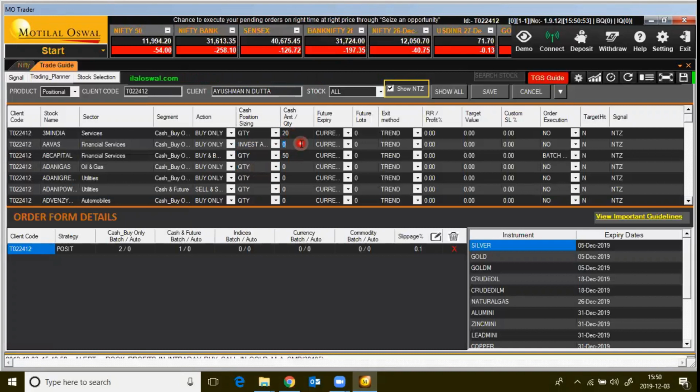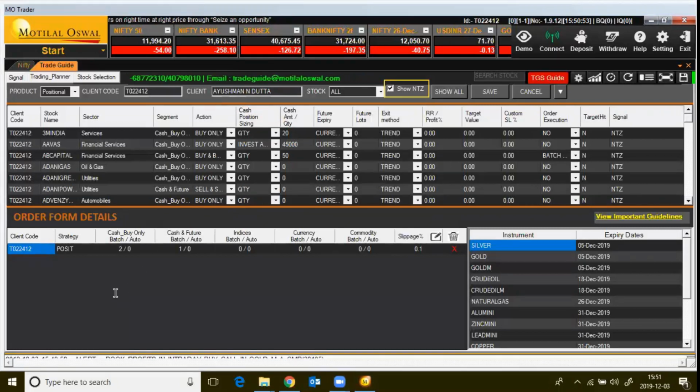Apart from that, we are also having investment amount. Suppose you are putting an investment amount of 45,000. On the basis of that, whatever quantity is available at the amount which you have provided, your batch order will get open. I'll just share the formula for investment amount as well.